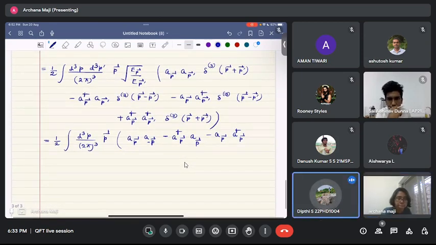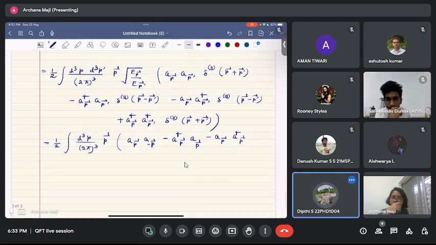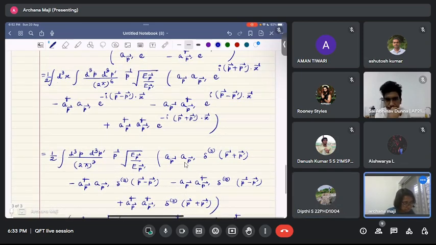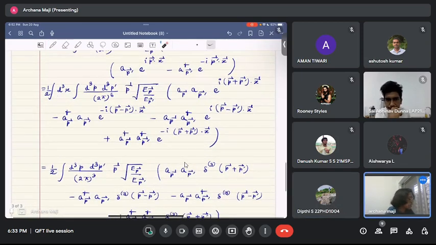I have a doubt. You said it gets cancelled out, right? So P is equal to minus P in this part, in the first term. Can you explain that part again? Yeah, because here we have exponential i(P plus P prime).